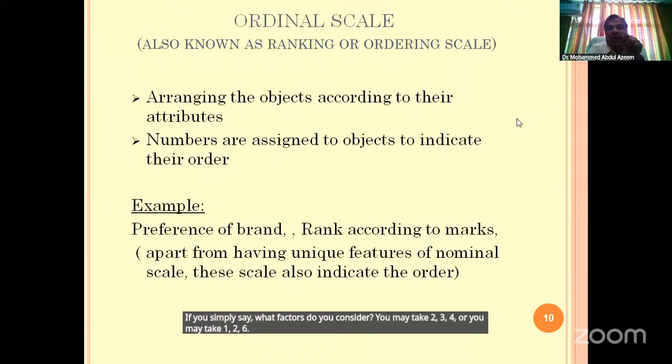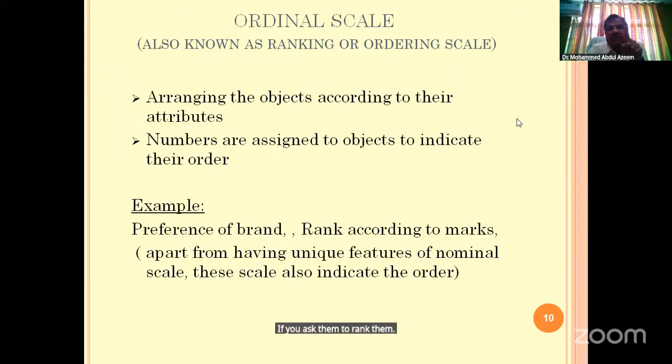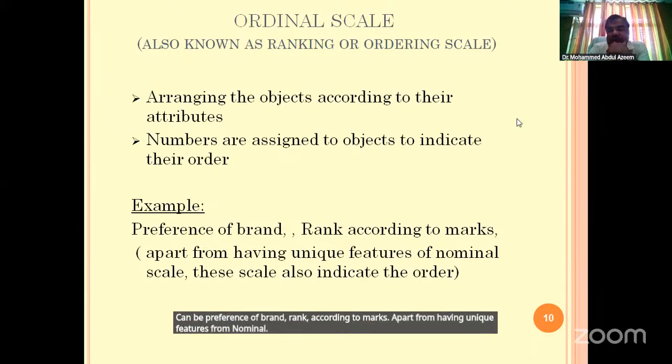If you ask them to rank them, first preferred is the processor, second preferred is the size, third preferred is the brand, then it is a part of ordinal scale. So numbers are assigned to objects to indicate their order. It can be preference of brand, rank according to marks. Apart from having the unique features of nominal, this also has an order.